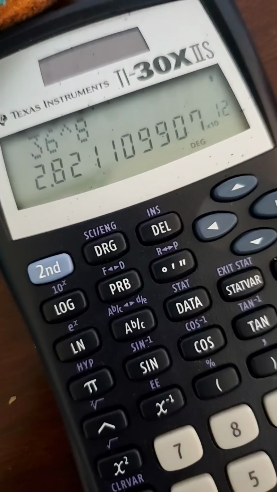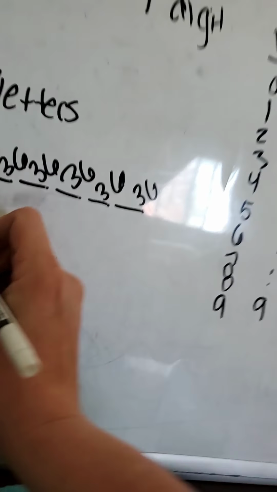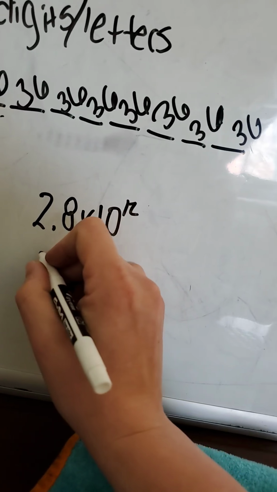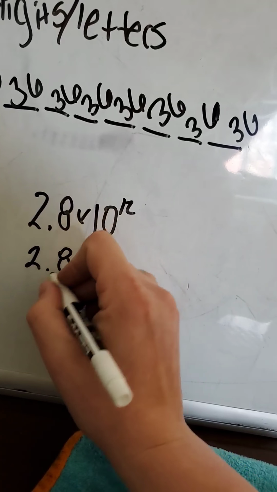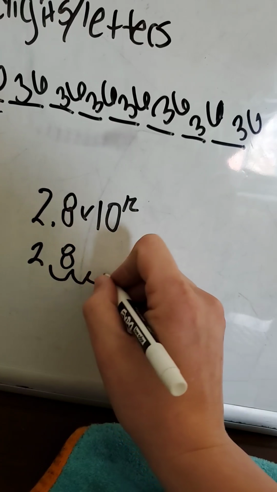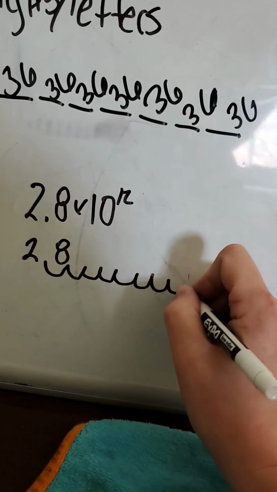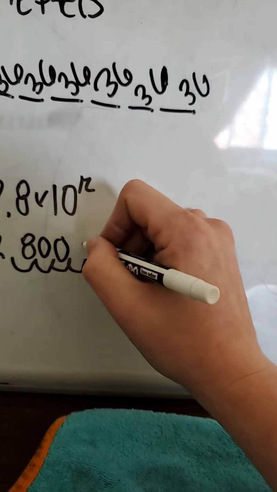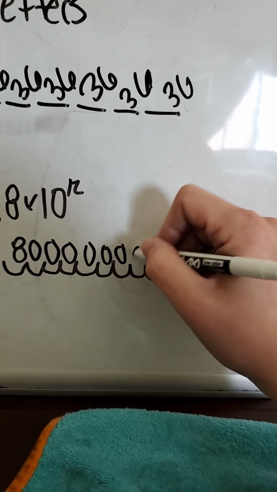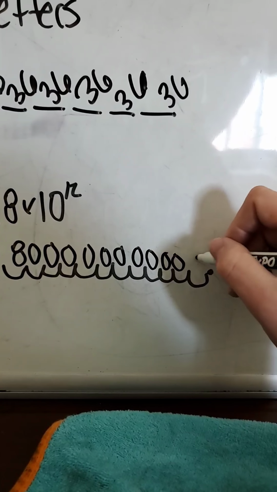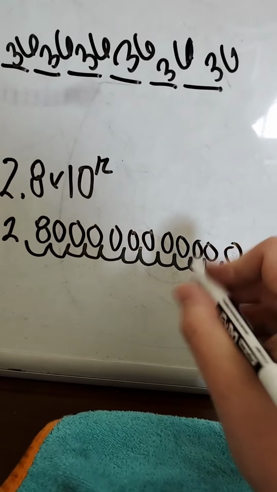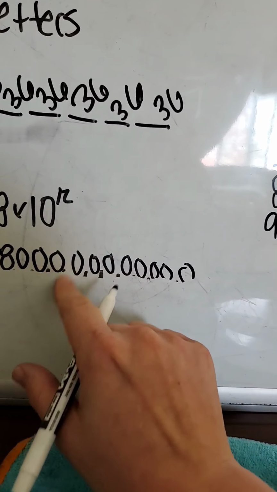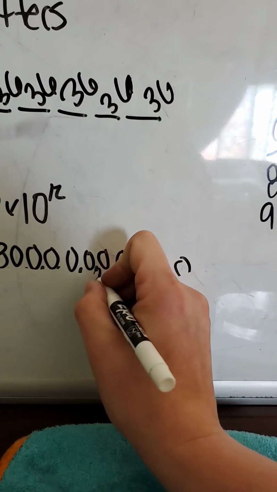It's 2.8 times 10 to the 12th power, or in other words, 2.8, and we move the decimal 12 times. This is an introduction to scientific notation for you for next year in 8th grade. That's how big this number is, that's how many different combinations. So this is a very secure password.